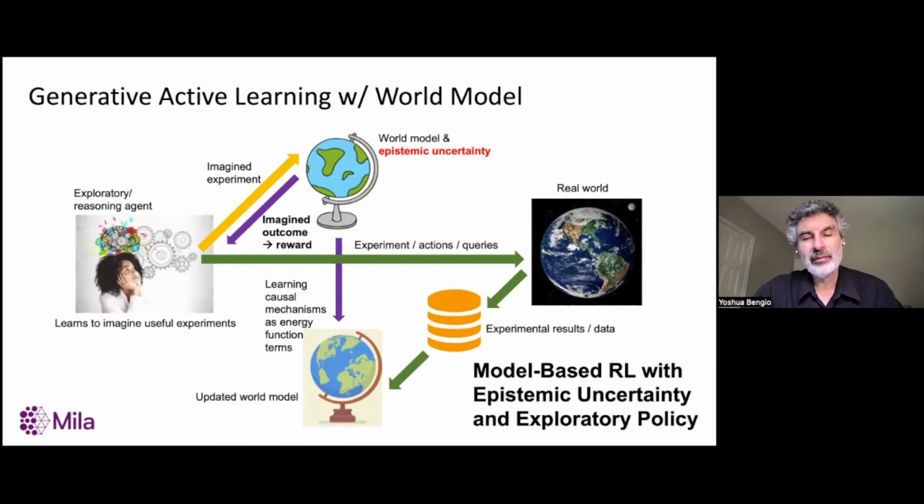So for example, in Bayesian optimization, a very standard way of thinking about this is the upper confidence bound acquisition function. So what we do is we say, well, we'd like to choose experiments that have both a high expected value according to our predictor, but also a high uncertainty.